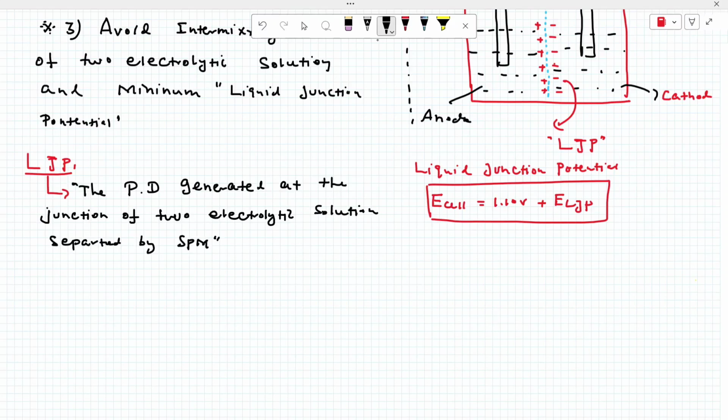Okay, next point, why are we using KCl? Why not KBr?